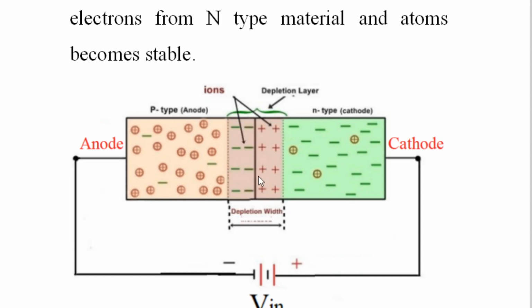Now why is it happening? In reverse bias condition, the negative terminal of the battery is connected to the anode, and the negative terminal of the battery is a source of electrons.